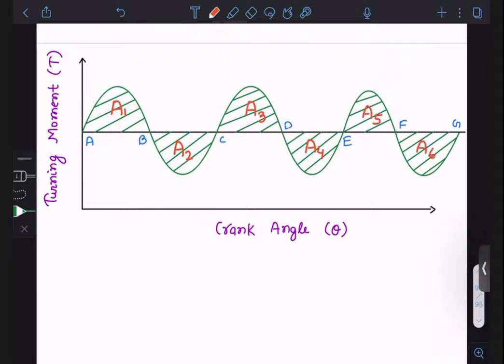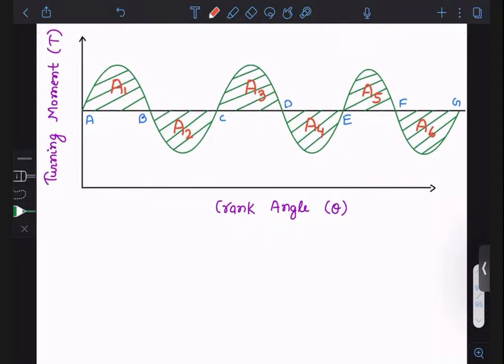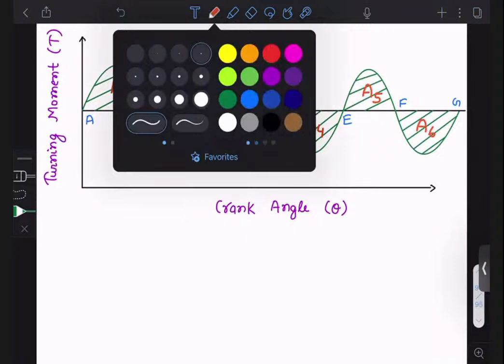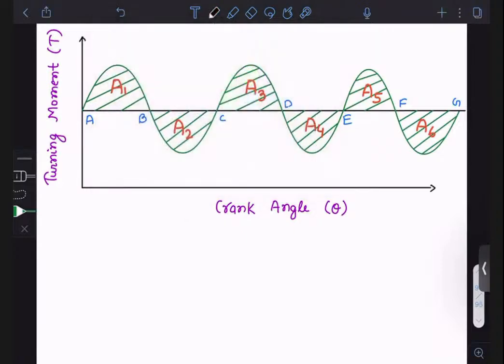Now what I am going to tell you, this derivation is also asked in your semester exam.